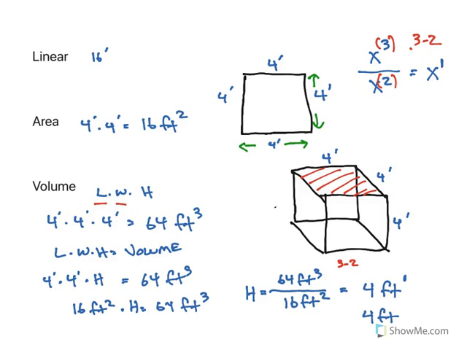Conversely, if you're multiplying 2 numbers that have exponents, so let's say x to the first power times x squared. When you're multiplying numbers with exponents, you add them together. So instead, this would be 1 plus 2. So our answer would be x to the third power, or x cubed.